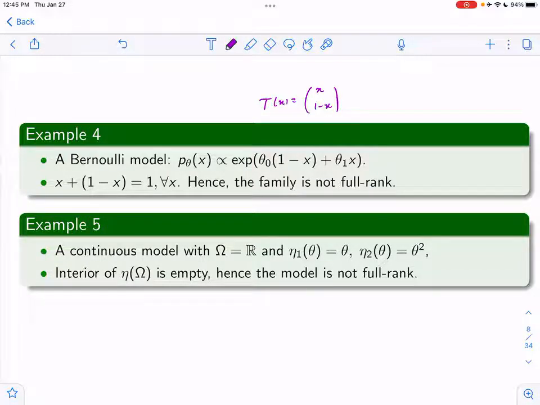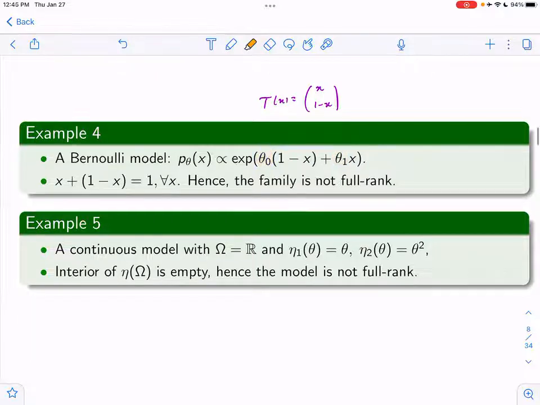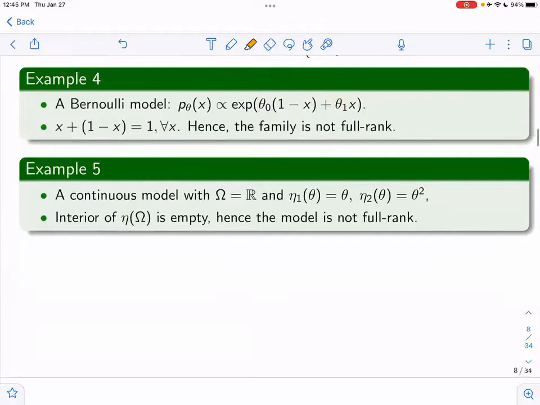The two coordinates sum to 1, so they satisfy this affine constraint, and so this family is not full rank. The Bernoulli family can be parameterized by a single parameter, so you're over-parameterizing. Some values of theta 0 and theta 1 give you the same distribution, so the model is not identifiable. This is a case where the second condition fails.